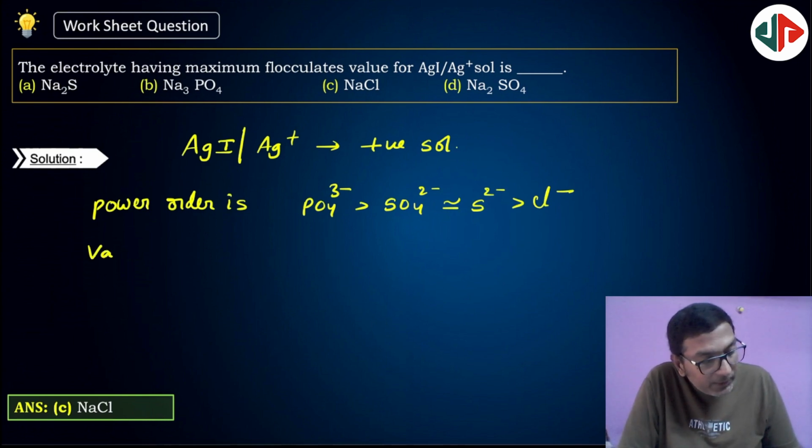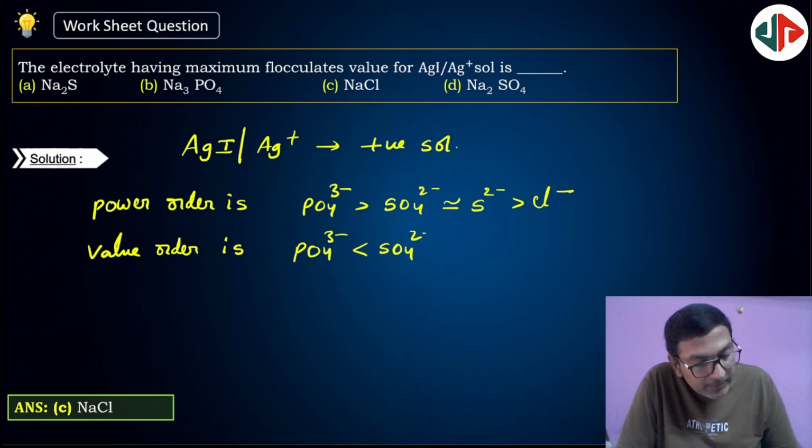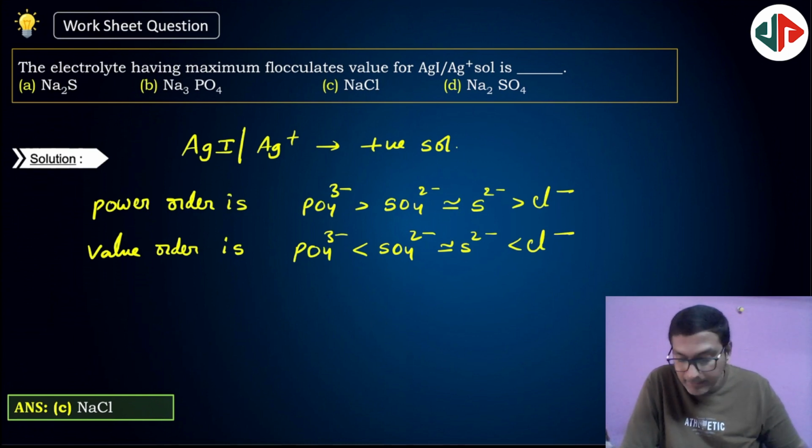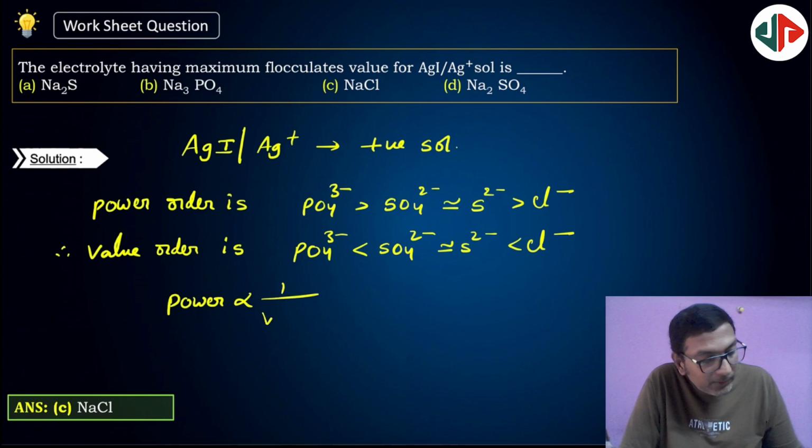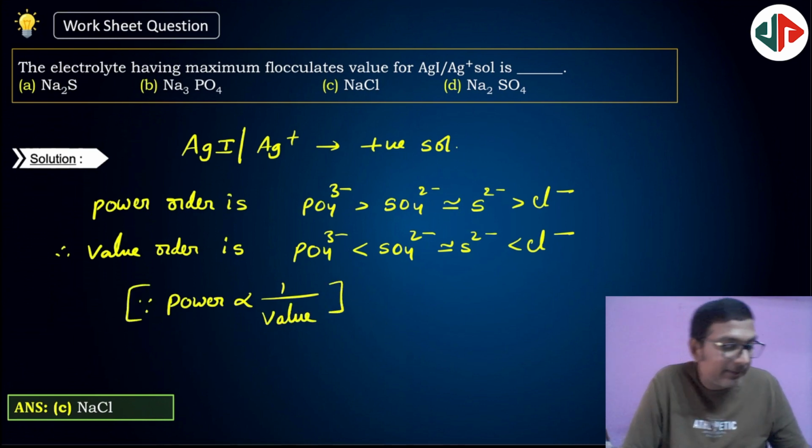Next, the coagulating value order is the reverse: PO4 3-, SO4 2- and S2-, and Cl-. Therefore, maximum amount of NaCl is required. Coagulating power and coagulating value are inversely proportional to each other.